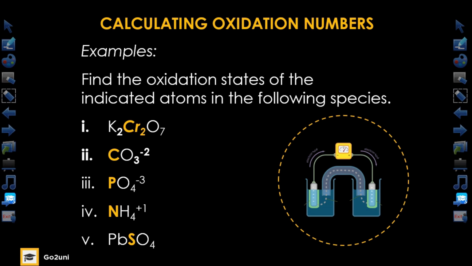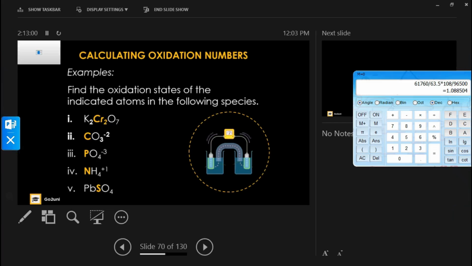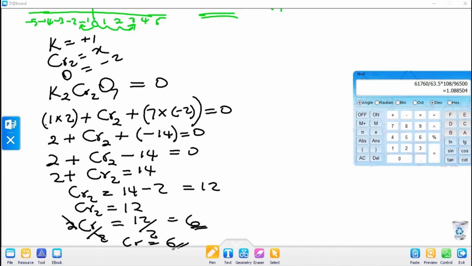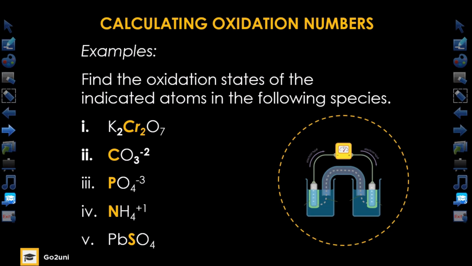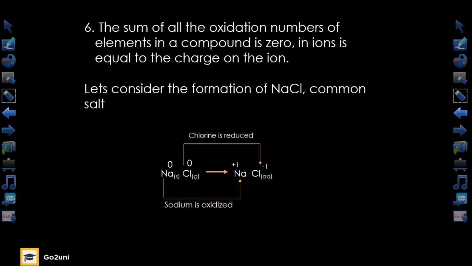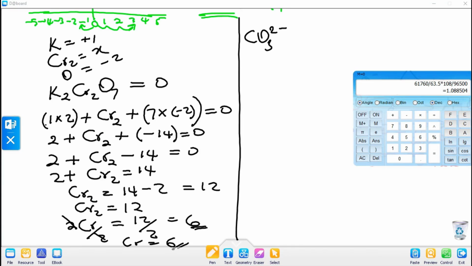We look at the next one, CO3 minus 2. We have a law that says the oxidation state of any compound is equal to 0. But when it is in the ion, that is like the radicals we can see now, we equate it to the charge of the radical. So looking at it, this is CO3 raised to power minus 2.